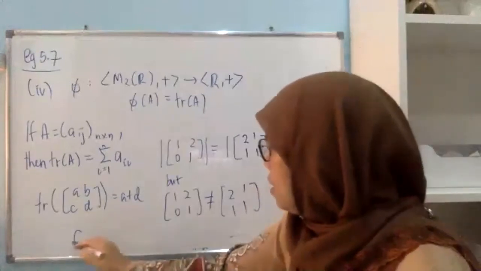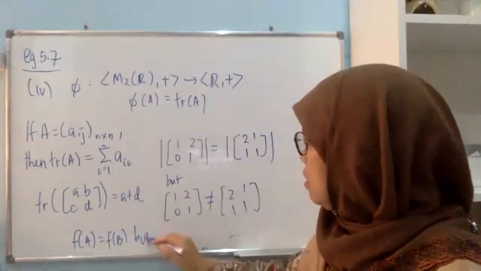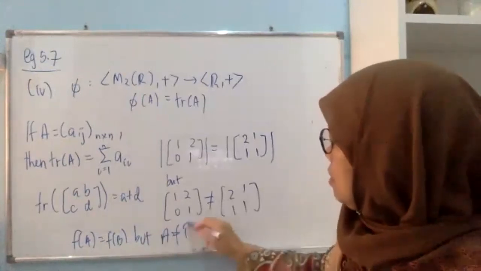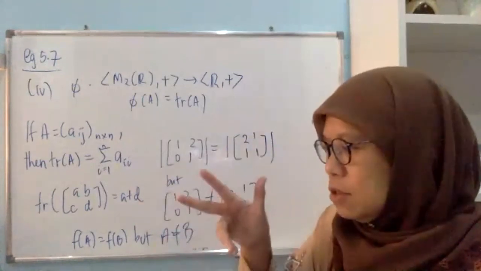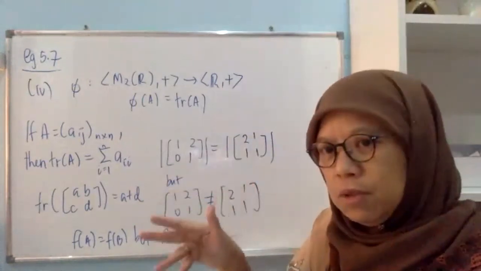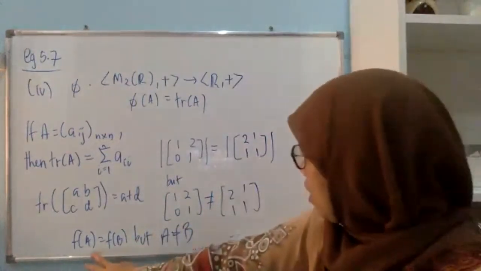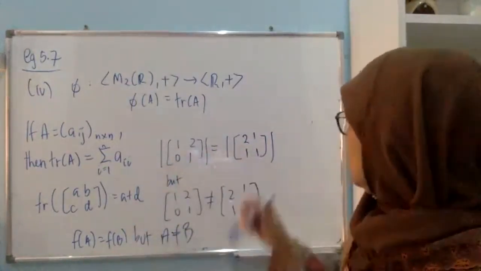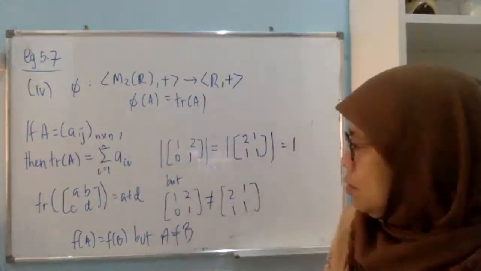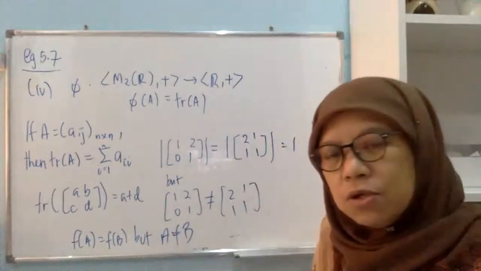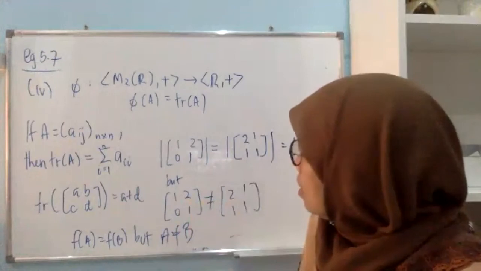So F(A) equals F(B), but A is not B. So it's not 1-to-1. You can have 2 different matrices with the same image. 2 can go to the same 1.